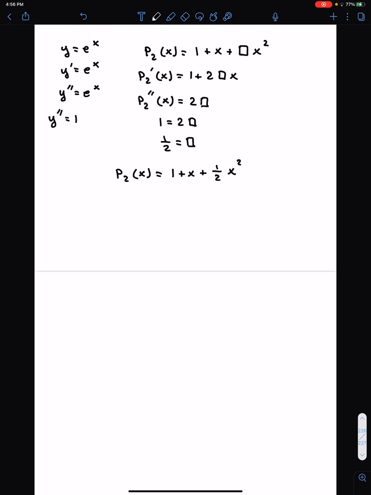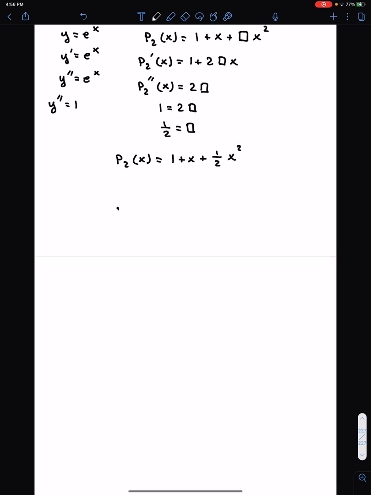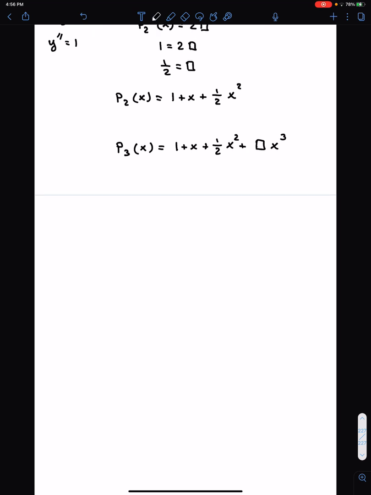If I continue the pattern, I'm going to add another term and call it a third degree polynomial. So 1 plus x plus 1/2 x squared plus some coefficient of x cubed.